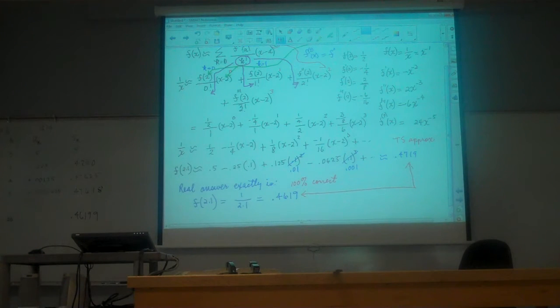I'm making this up. Understand? And then suppose at 21, you could get something there on your calculator, couldn't you? And suppose this changed to 0.4619. It's going to move slowly, isn't it?